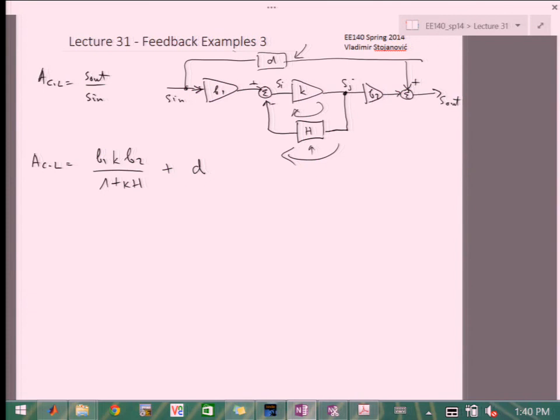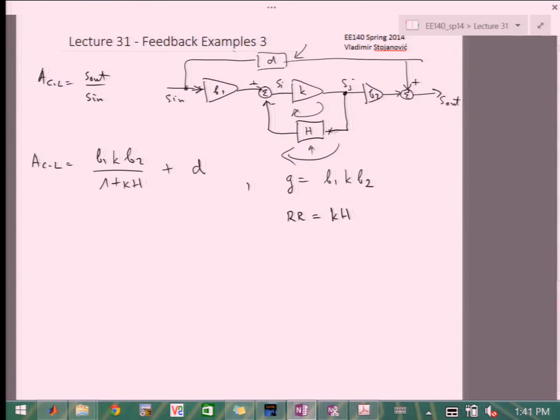Now we're going to do a little bit of massaging to get this into different forms to interpret. I'll label G to be B1 K B2. Notice that before we do any massaging, our return ratio is actually KH. We can go exactly by the definition of the return ratio.